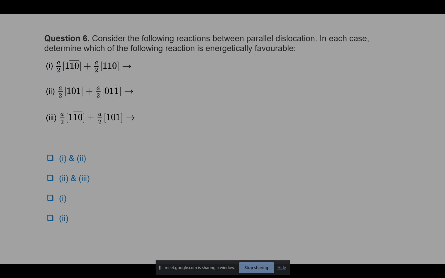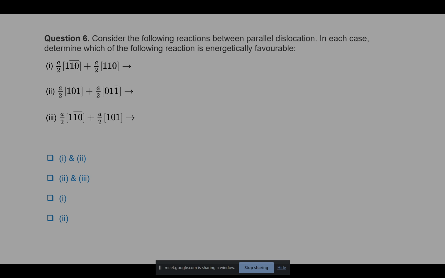So question number 6: consider the following reactions between parallel dislocations. In each case, determine which of the following reactions is energetically favorable. For that, we have two conditions, energetically favorable and energetically unfavorable.